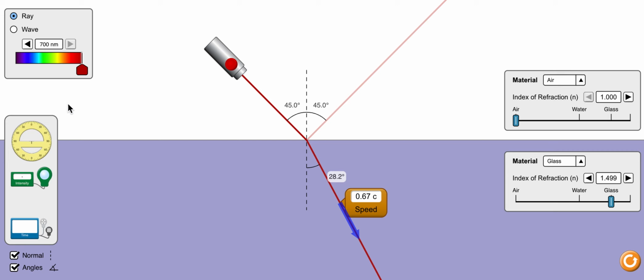Now if you follow over here, instead of looking at the speed, you'll notice something else changes. If we go from our low wavelength to our high wavelength, the refractive index is slightly different. This isn't a fault of the computer or of the simulation, it's actually the reality of the situation.